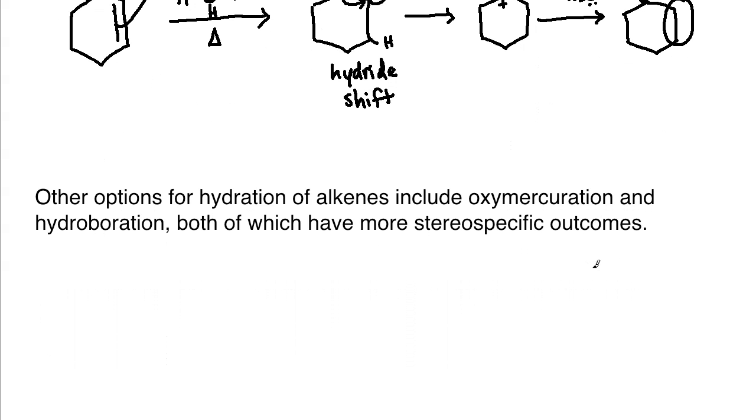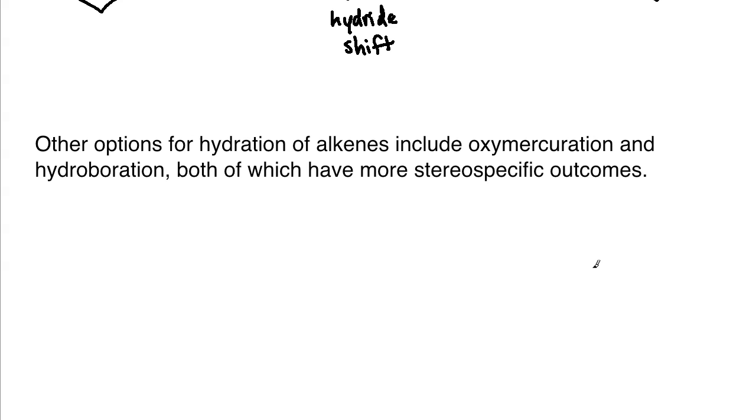Okay, so just to wrap up here, there are other options for hydration of alkenes, and those include oxymercuration and hydroboration. And if you're interested in that, there is information on the channel for both of those reactions, both of which will have more stereospecific outcomes. So the oxymercuration and the hydroboration, neither of those are going to involve a carbocation, and they will have more specific outcomes as far as the stereochemistry is concerned.